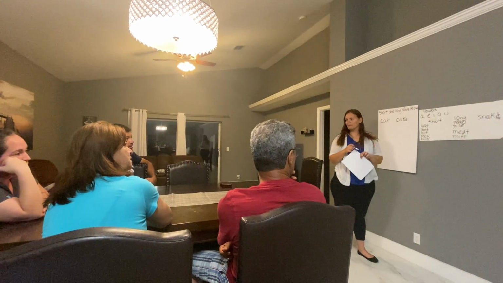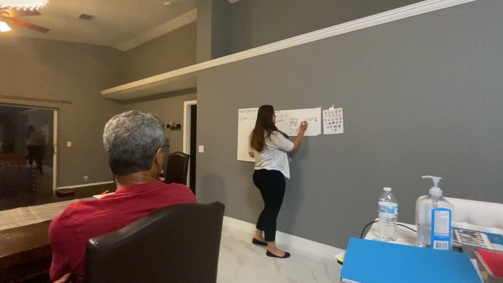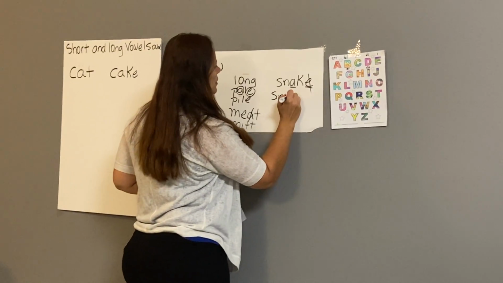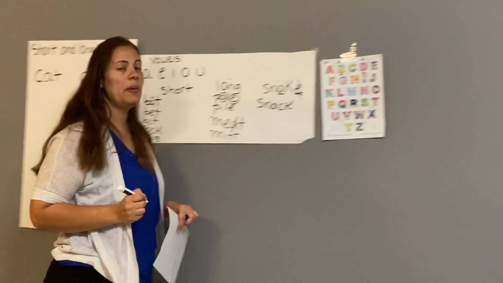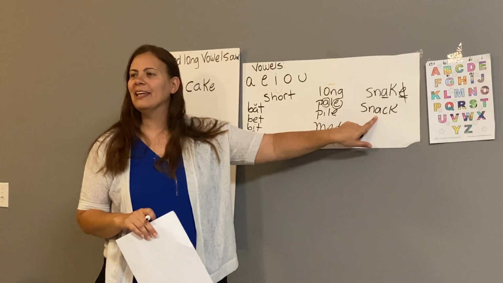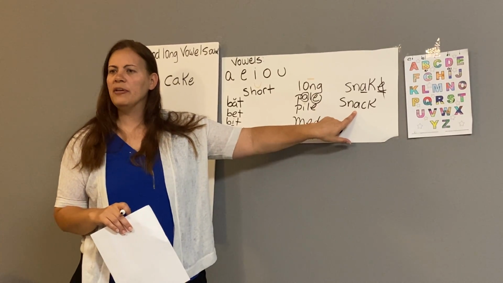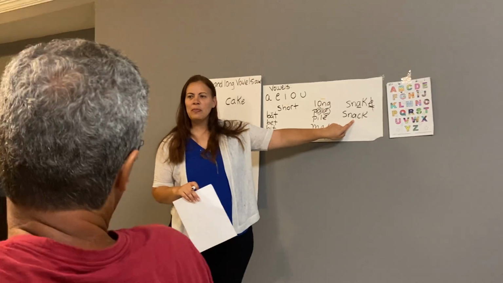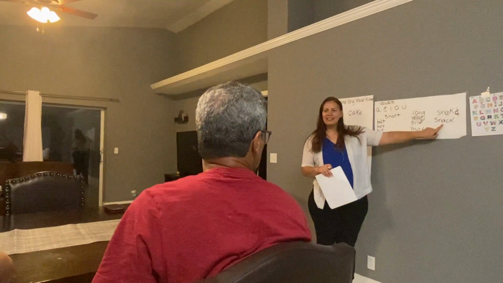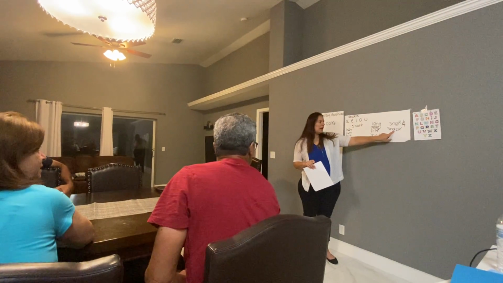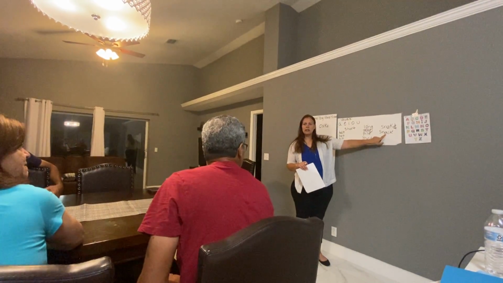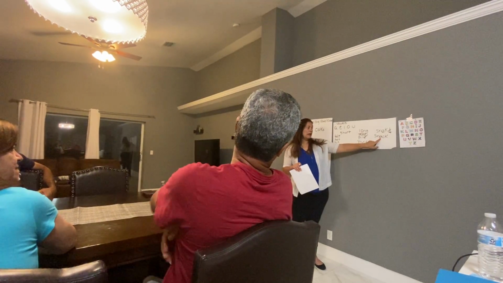Como é que escreve snack? Snack, that's a good example. So snack. How many vowels do we have in snack? How many vowels do we have here, Lourdes? One vowel. What is the vowel here? A. Very nice.